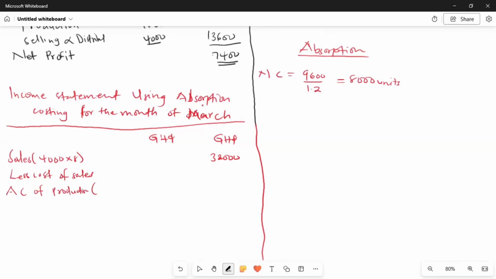In the month of March, we produced 8,000 units. The production cost per unit is 5.2. So 8,000 by 5.2 will give us 41,600.